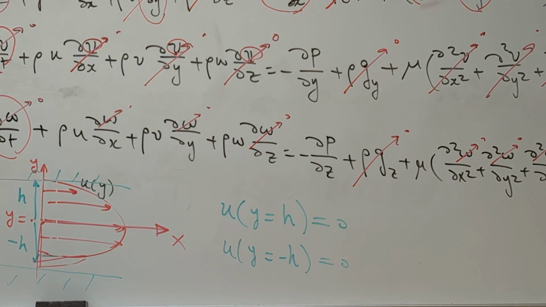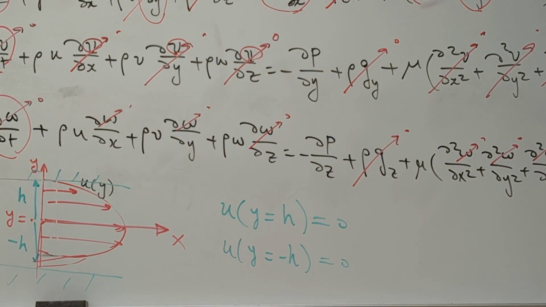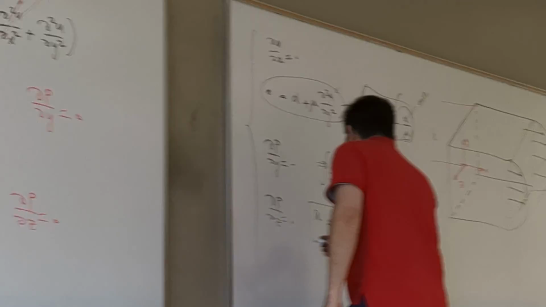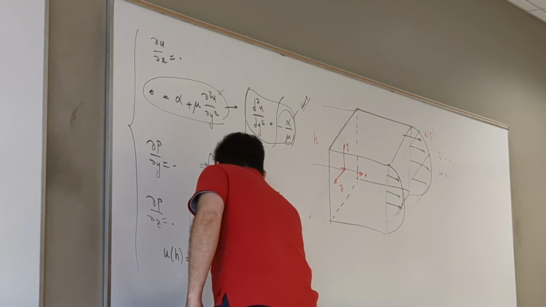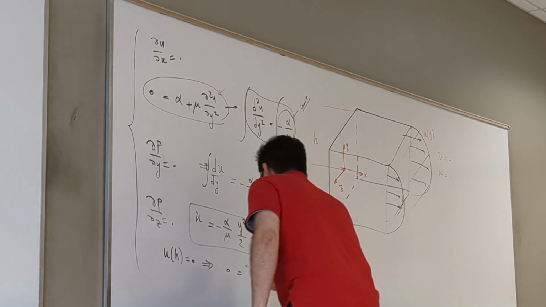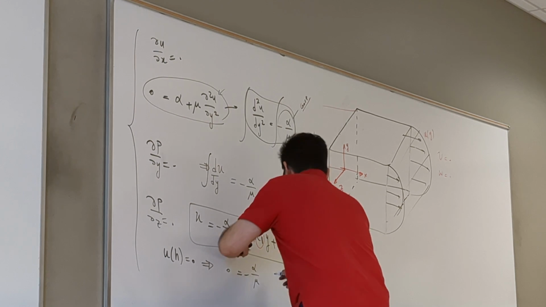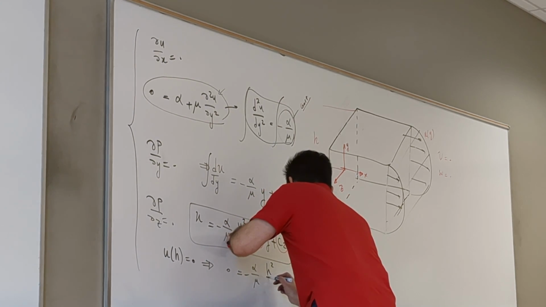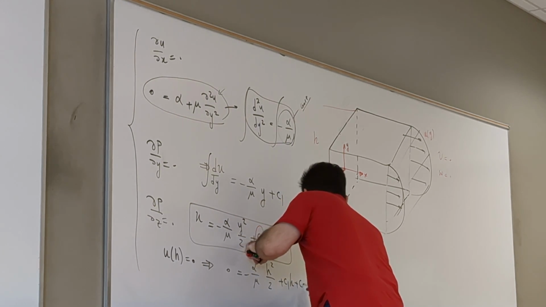So let's substitute those values and see what we get for c1 and c2. u at h is equal to 0. What do I get? 0 is equal to negative alpha over mu, h squared over 2, plus c1 h plus c2.